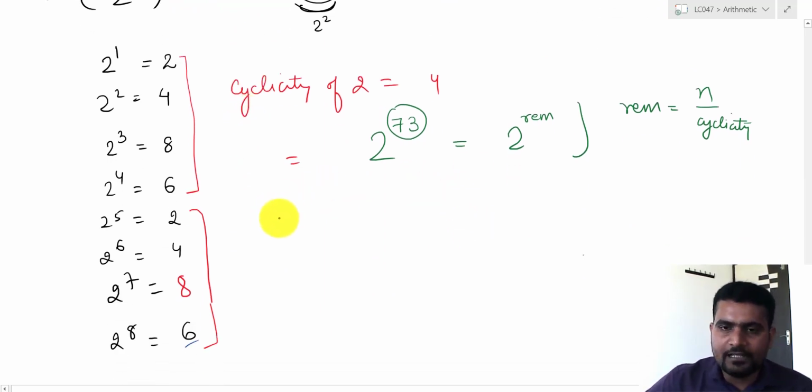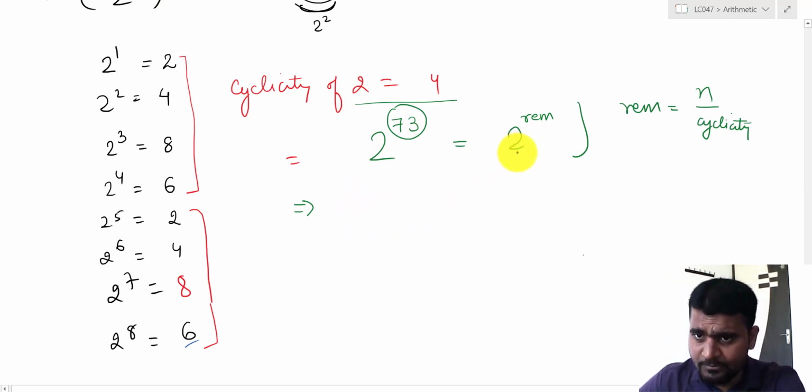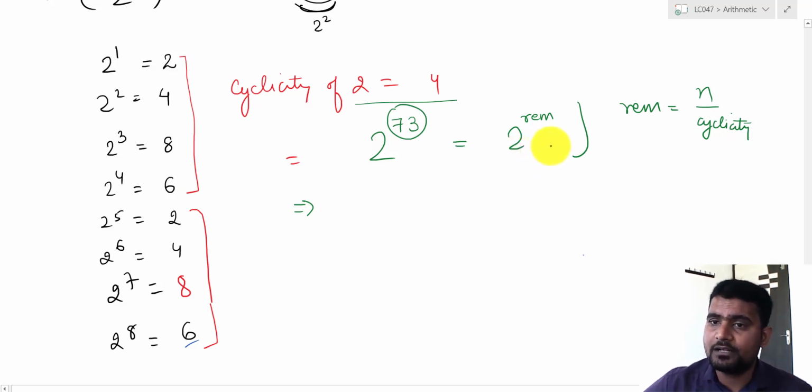So if I tell you to find the cyclicity of 2 raised to power, the cyclicity of 2 is already 4, how are you going to solve it? I can say 2 raised to power 73 will have the same unit digit as 2 raised to power remainder, where the remainder is n by cyclicity. What is the n value? 73. What is the cyclicity value? 4.